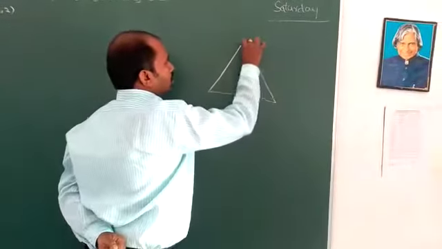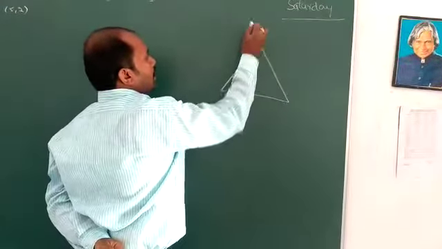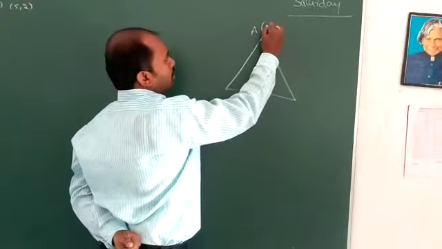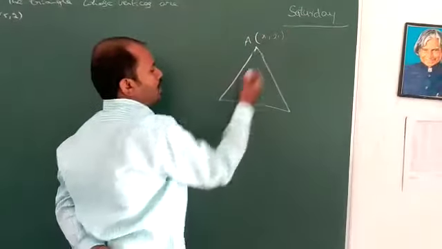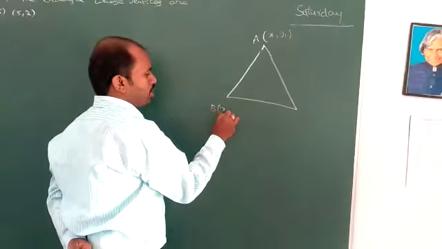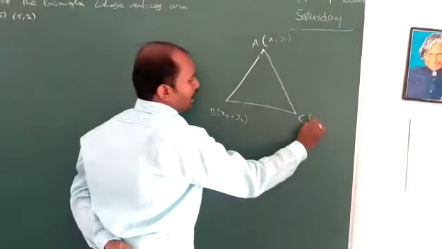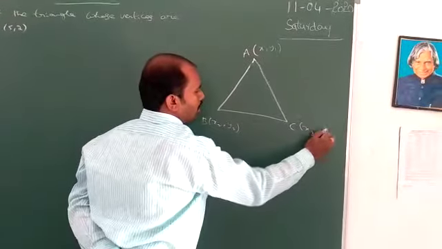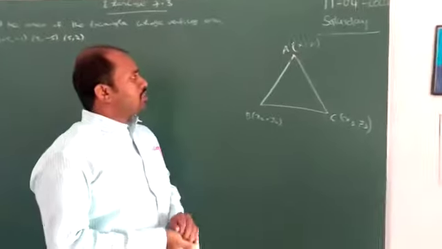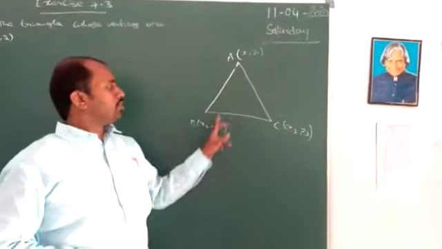Suppose you take A as x1 y1, B as x2 y2, and C as x3 y3. These are the three vertices of a triangle.